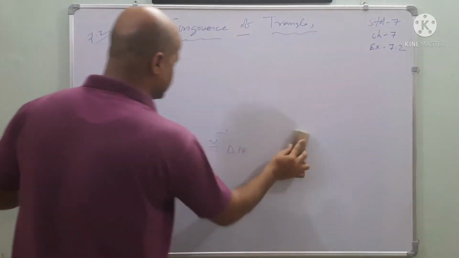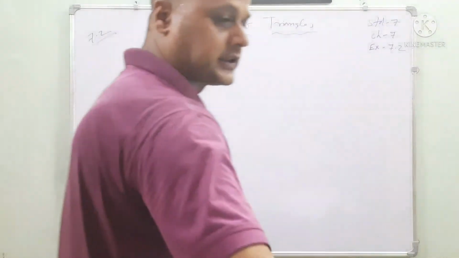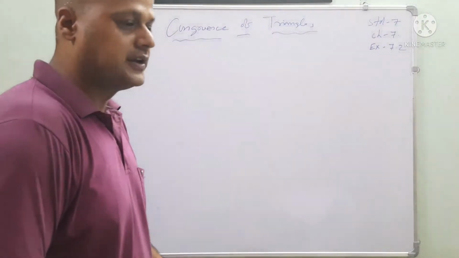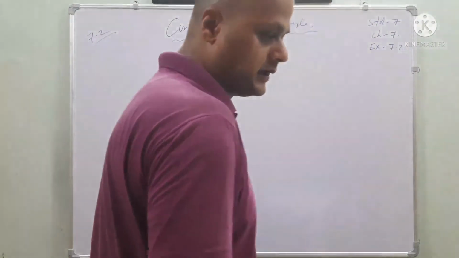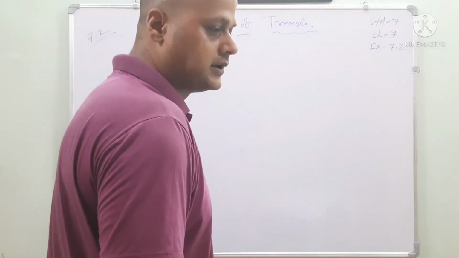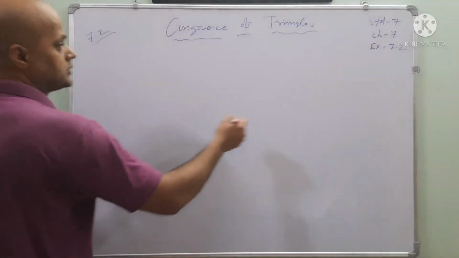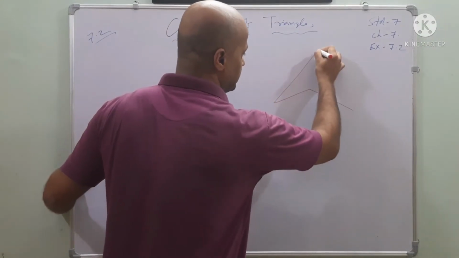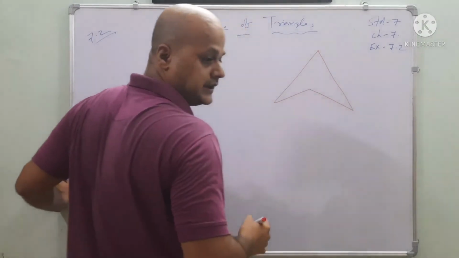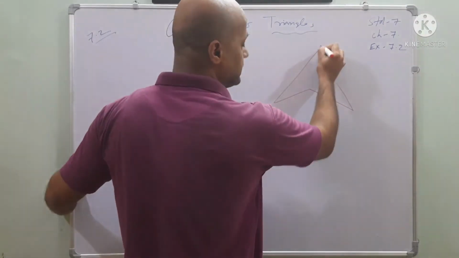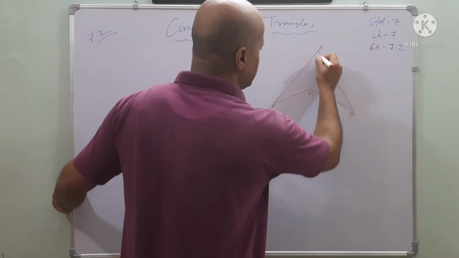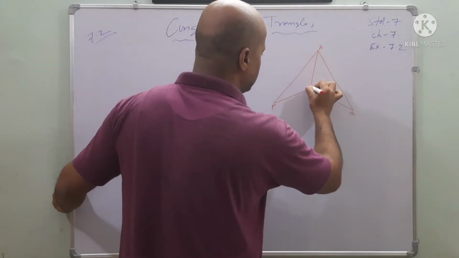What is the third one saying? The third one is saying about a triangle that is given. A triangle APQ. I will draw the triangle so that it will be easy for you. It's saying that A, P, M, Q. Here two triangles are formed.